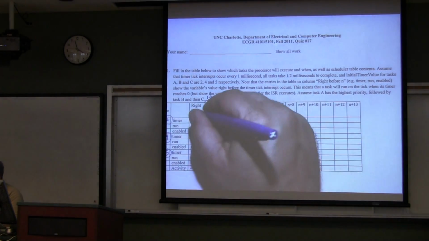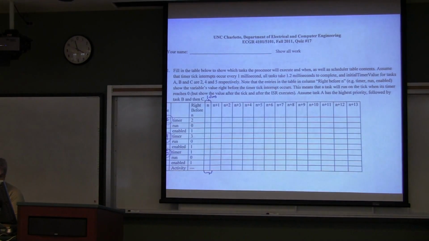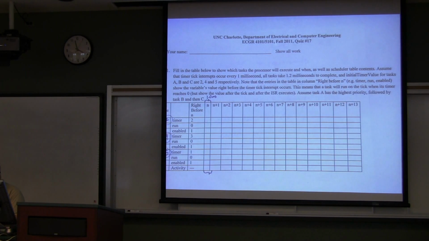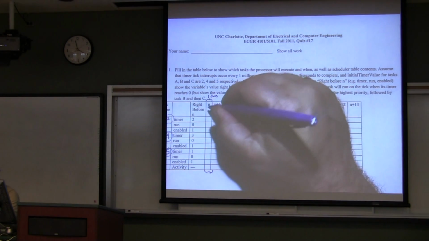So we're going to start right before time n, and that's the value, and nothing was running then. What we're going to identify is when the timer tick goes from 1 to 0, that means it's going to run. Let's take a look at an example.